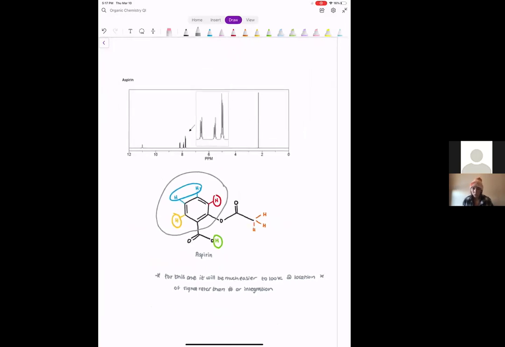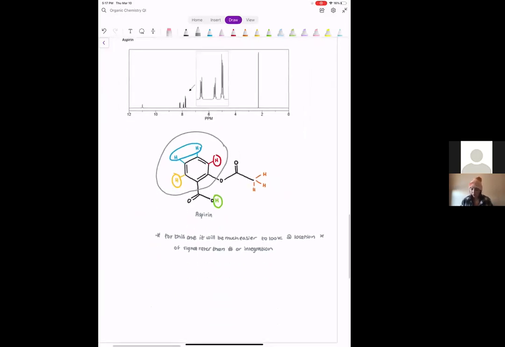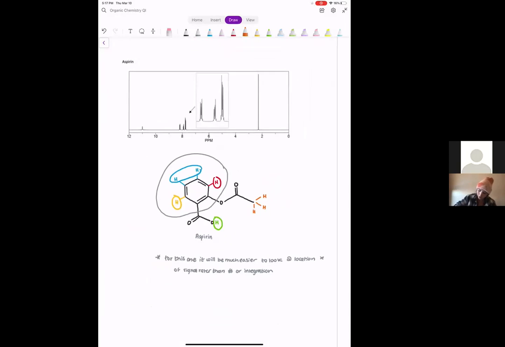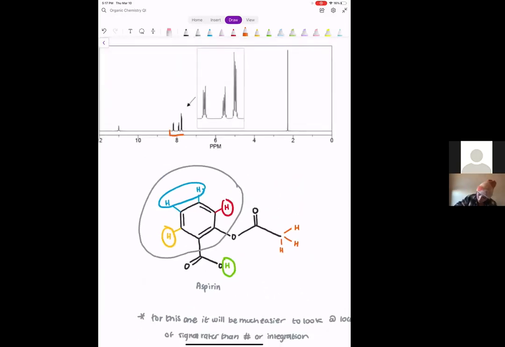So first, we'll just rely on the location. We have these three kind of jumbled up spikes. I don't even want to try to count how many signals those are, because I think that'll just confuse us all. But around 8 parts per million.